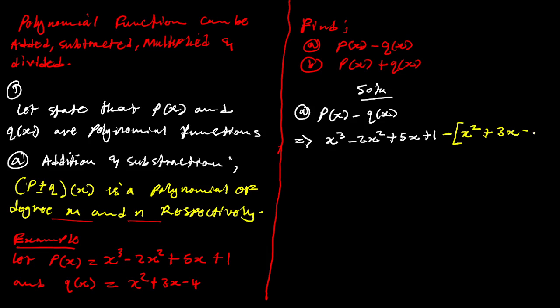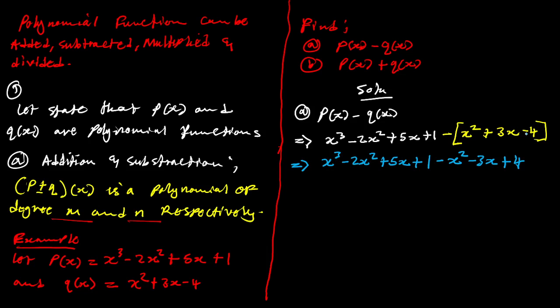At that stage you don't write minus there, it will be plus, because negative times x squared is negative x squared. Negative times positive 3x is simply negative 3x, and negative times negative 4 gives you positive 4. When you have that, your next job is just to collect like terms.